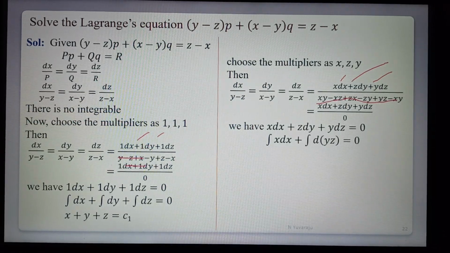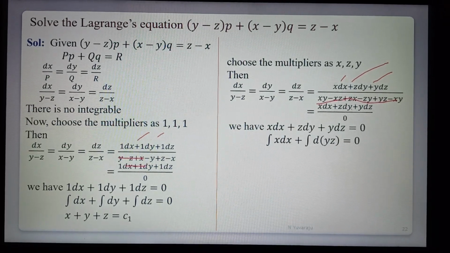Now integration on both sides. x dx is fine, but z dy must be a function of y or constant, and dz a function of z or constant, but here it is the reverse: z dy plus y dz. So using the differential formula, d of xy is equal to x dy plus y dx, same formula, that is d of yz.